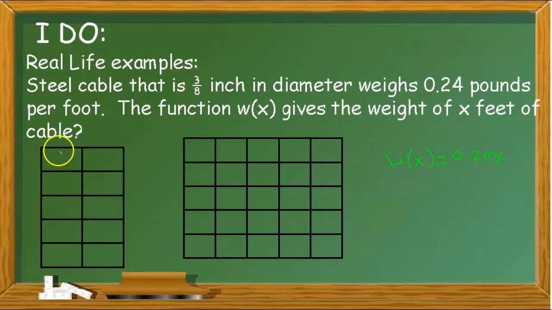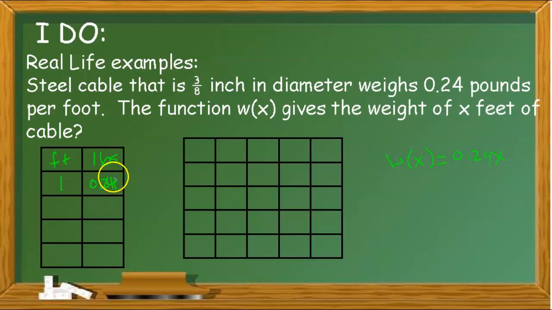So when we come to do this, this would be feet, and this would be the weight in pounds, at 0.24 pounds per foot. They also do cost this way. So if it happened to be 1 foot, it would weigh, that's pounds, put an S there, it would weigh 0.24.